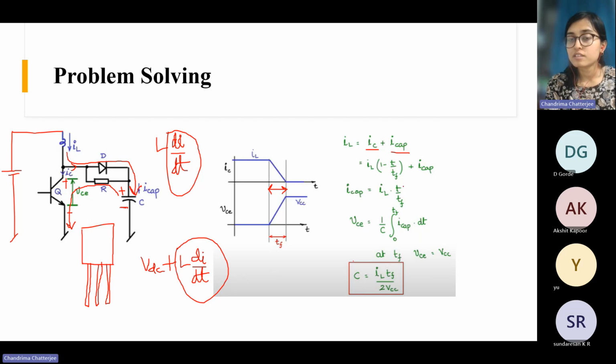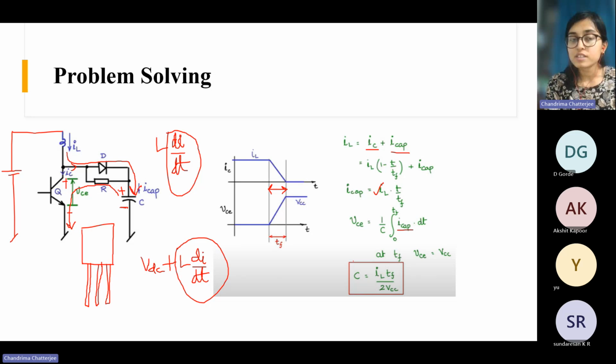I cap is this expression, and you can find the voltage across the capacitance, which is 1/C times the integral of I cap dt from 0 to TF. If you substitute the I cap expression, you will get this, and this is the initial condition, because at TF your VCE becomes VCC.